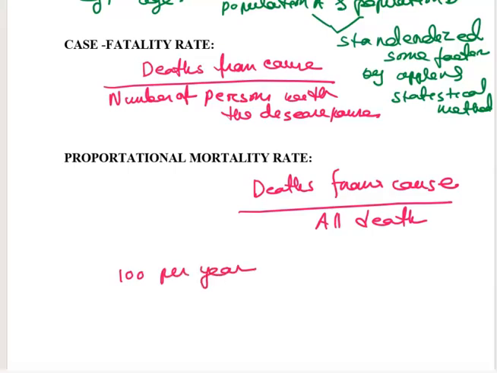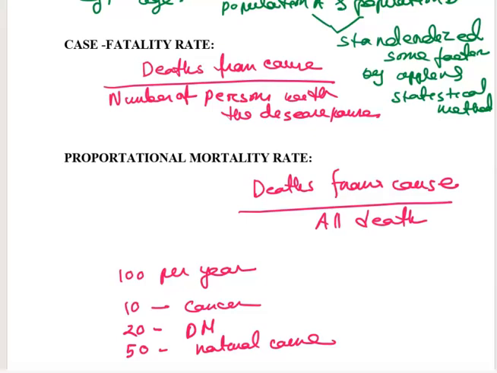Out of this 100, 10 are due to cancer, 20 due to diabetes mellitus, 50 due to, for example, natural causes, 20 due to accidents, etc.